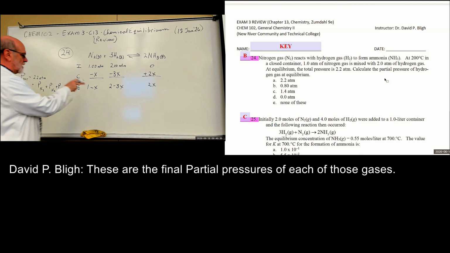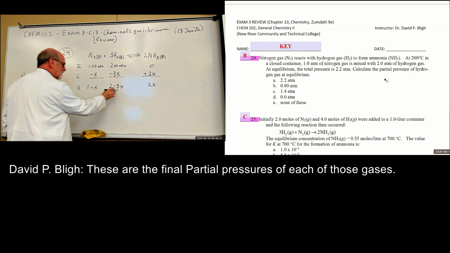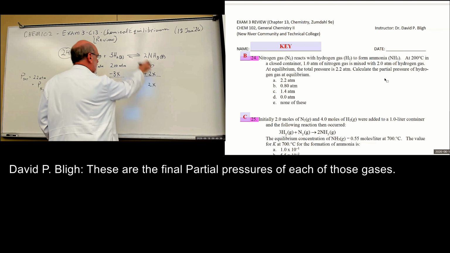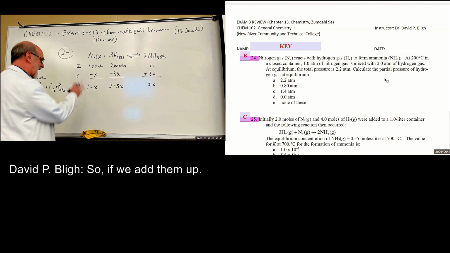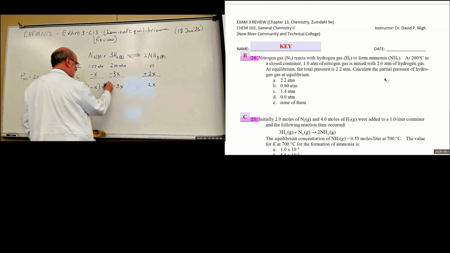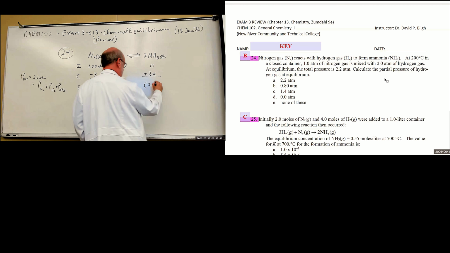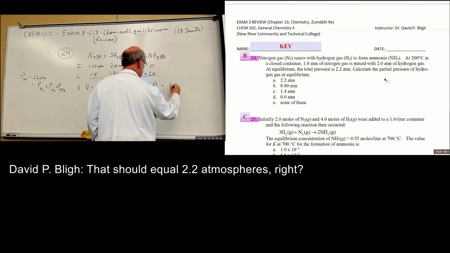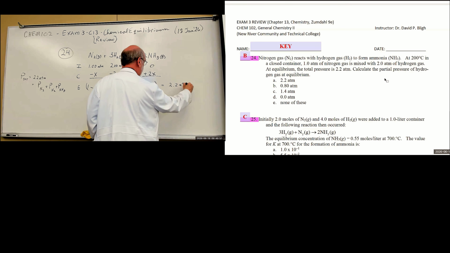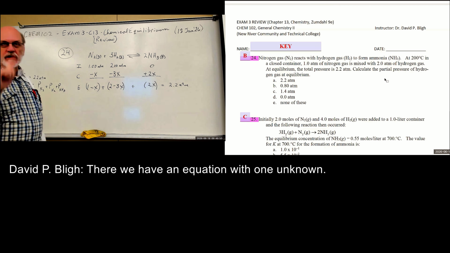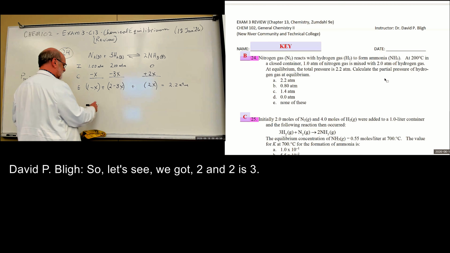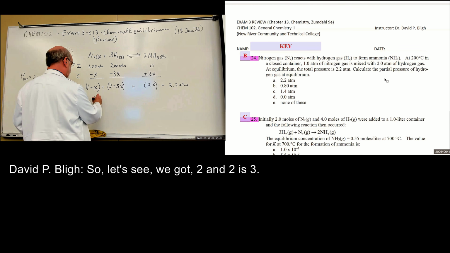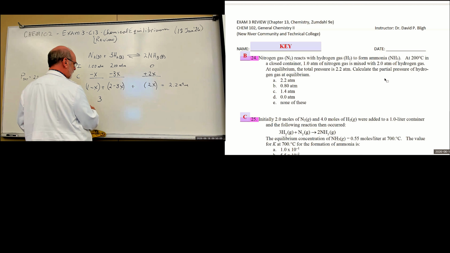These are the final partial pressures of each of those gases, right? So if we add them up, that should equal 2.2 atmospheres, right? There we have an equation with one unknown. So let's see, we got 2 and 1 is 3, right?